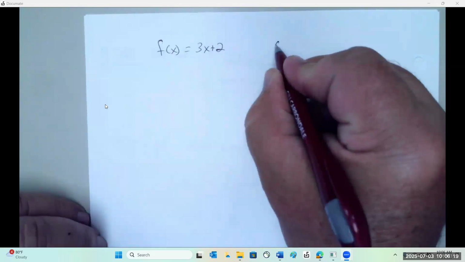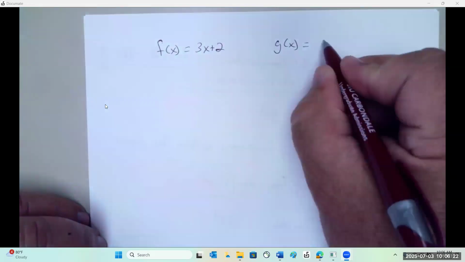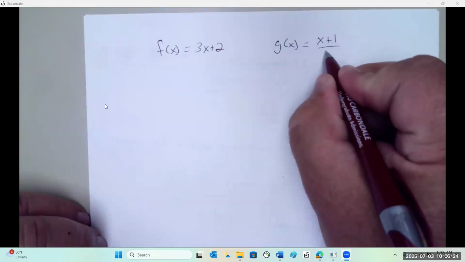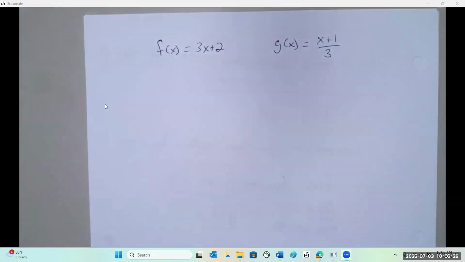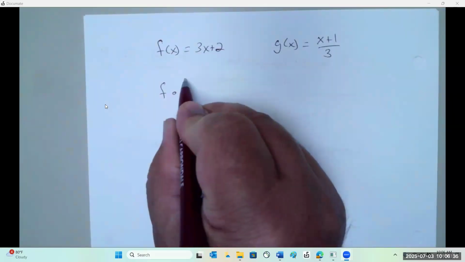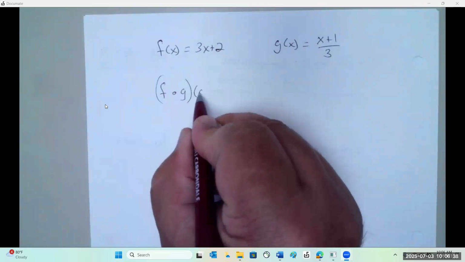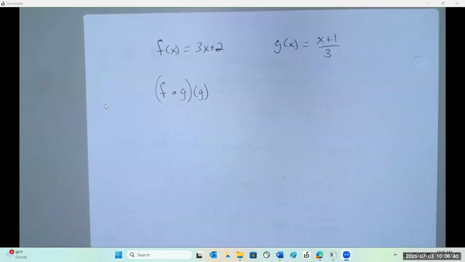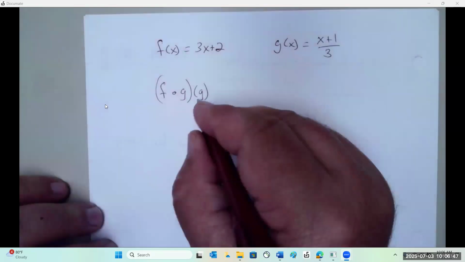So let's say f of x is 3x plus 2, and g of x is (x plus 1) over 3. Nope, g is (x plus 1) over 3.